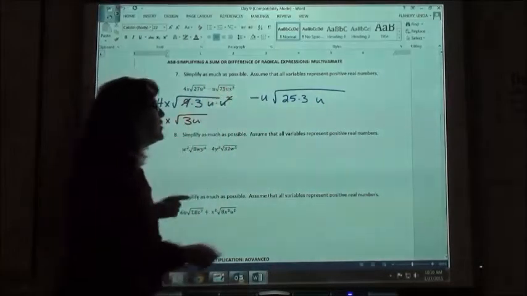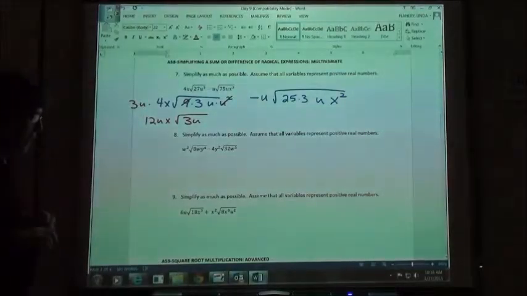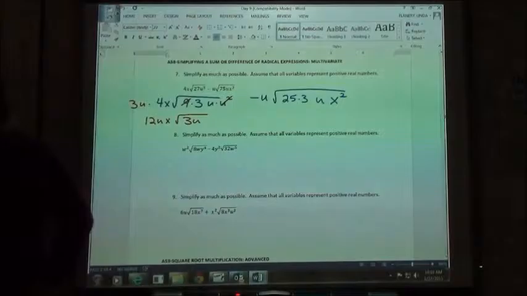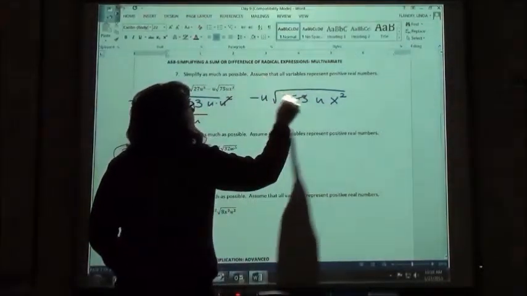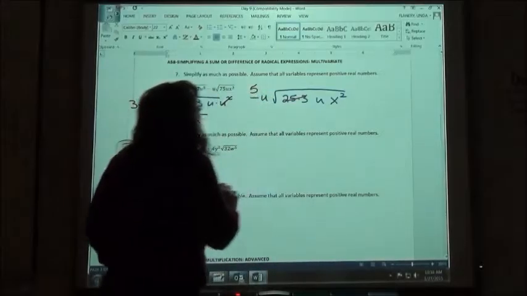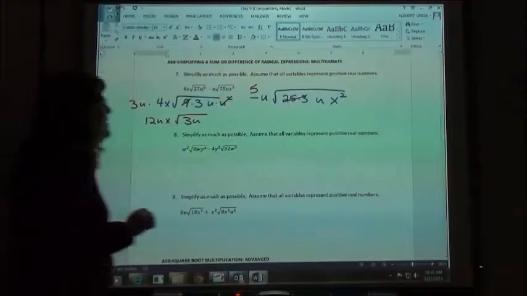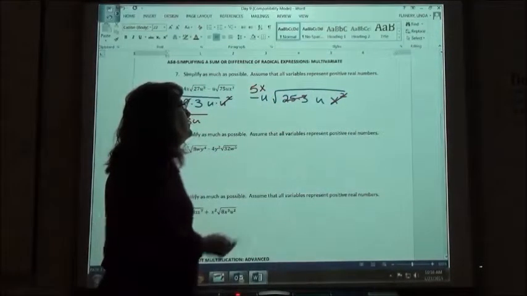And then we have an x squared, which is already even, so we're going to leave it. And then we're going to take out our square roots. So we can take out the square root of 25, which is 5. Whoops, I'm crossing out my 3 with my 5. Square root of x squared is just an x, right?